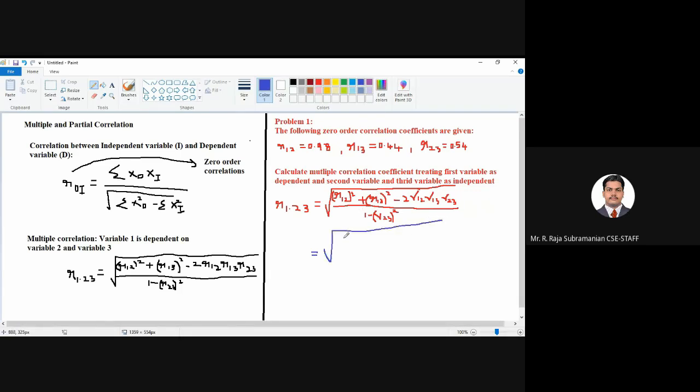R12 is 0.98 squared plus 0.44 squared minus 2 into 0.98, 0.44 and 0.54. Can anyone calculate the answer?